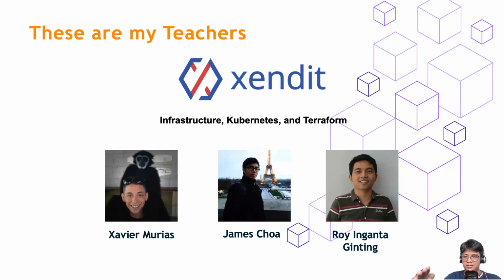Safir Murias, he is my principal. He taught me about Argo CD, GitOps, and Kubernetes. James Ko also taught me about Kubernetes stuff and Terraform. And Mas Roy Iganta Ginting also taught me about Terraform and much of networking. These two are experts in networking, and Xavier is the expert in everything.